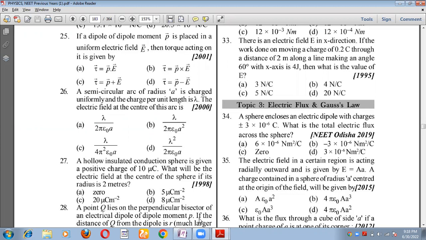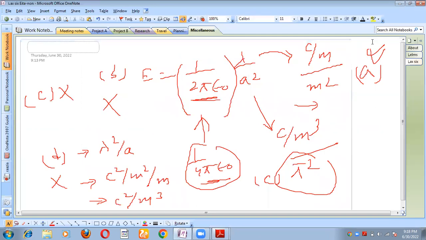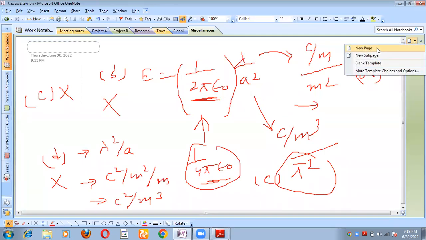Everyone got it, Hanifa, Maimuna, Samaira, all of you understood how we eliminated 3 options? Yes, sir. Okay. Now come to the general method, how the electric field comes as lambda by 2 pi epsilon naught.